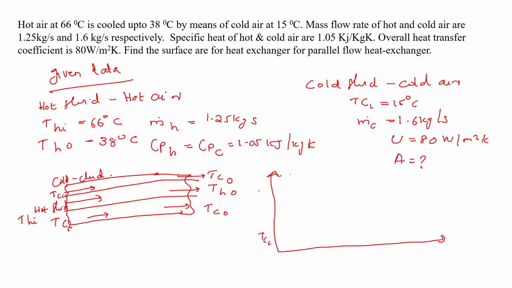TCI will be here, THI will be here, both going in the same direction, and this will be THO and this will be TCO. At the inlet we take the difference delta T1, and at the outlet the difference delta T2.